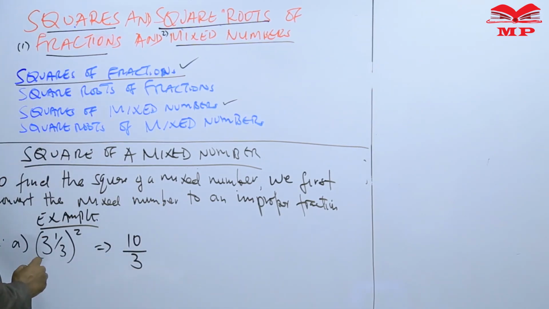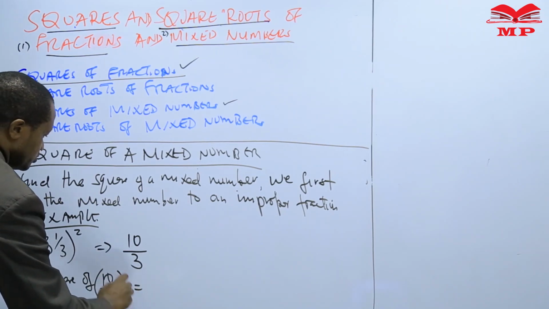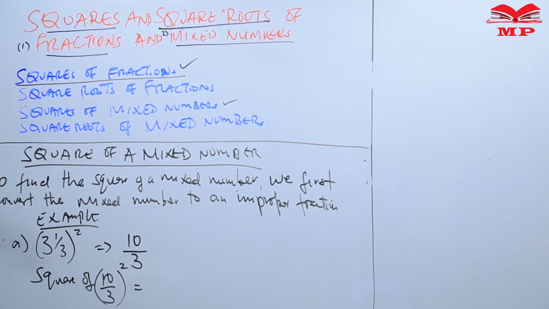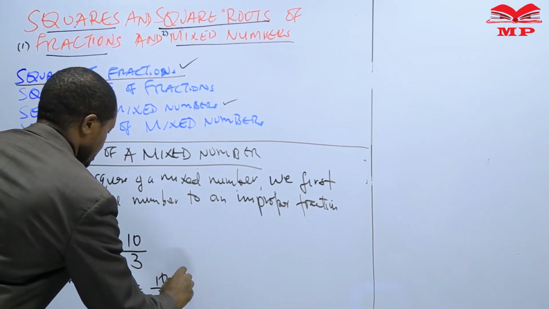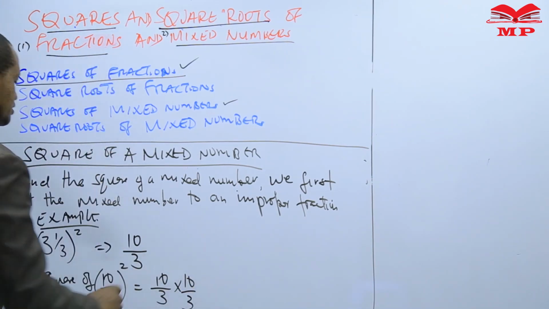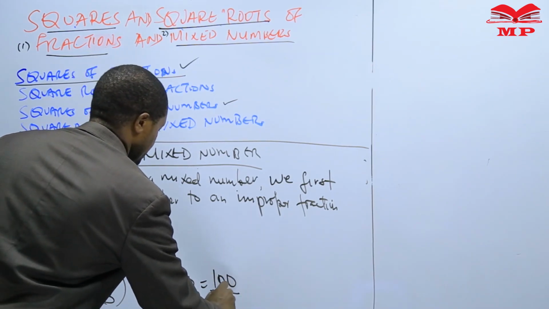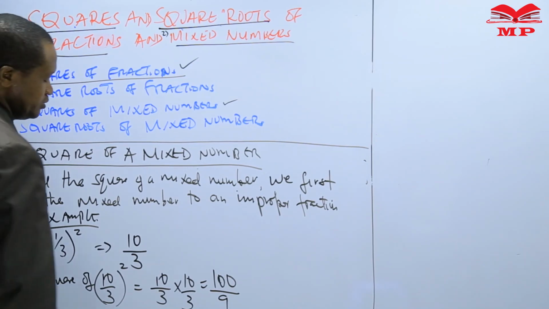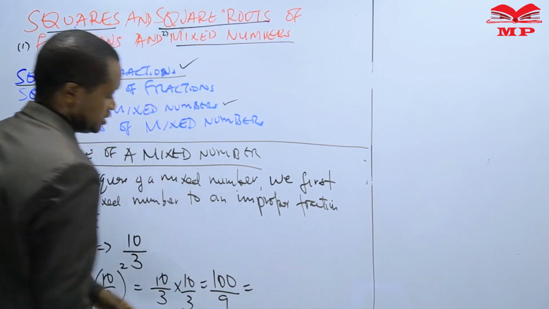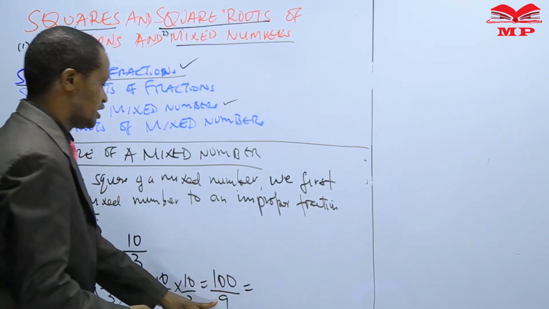So the square of 10 over 3 is equal to 10 over 3 squared, which is 10 over 3 times 10 over 3, which is equal to 100 over 9. Then we can convert this improper fraction to a mixed number.